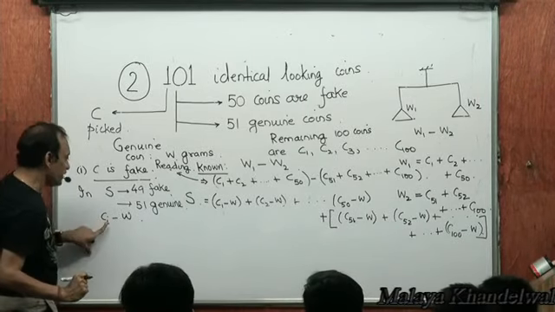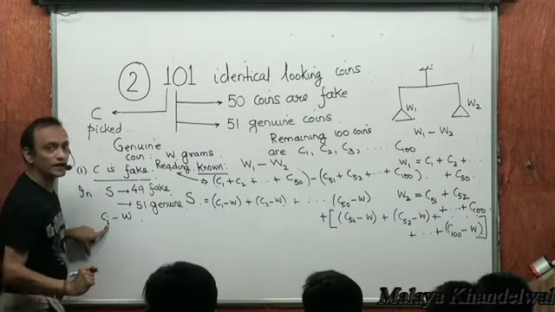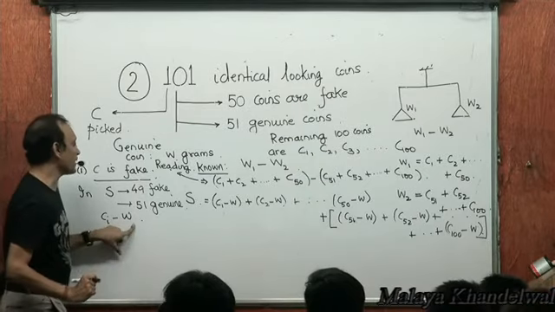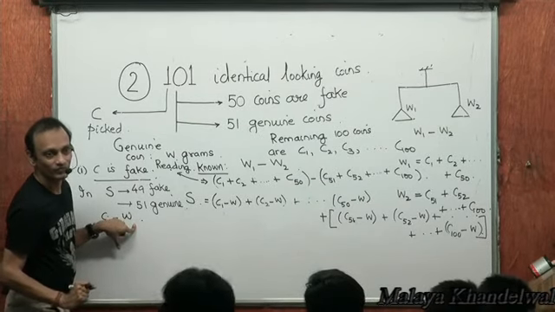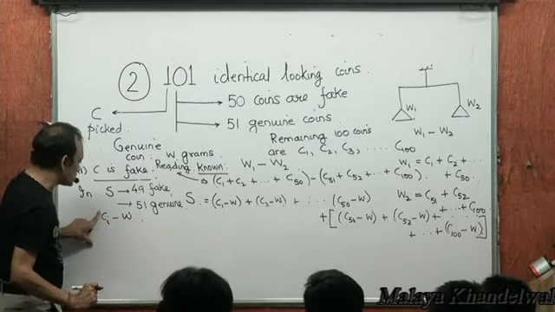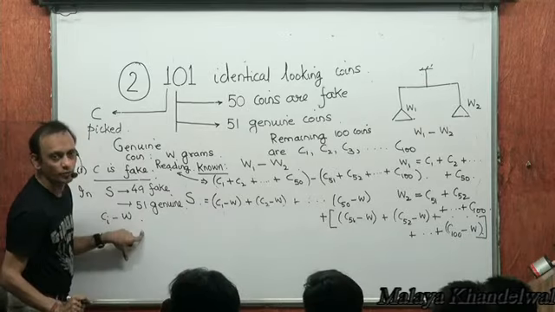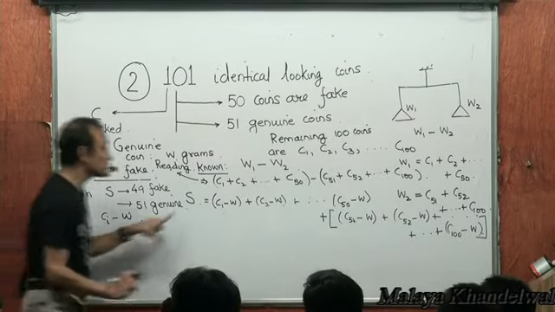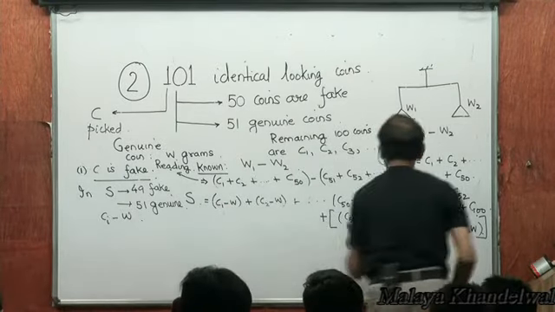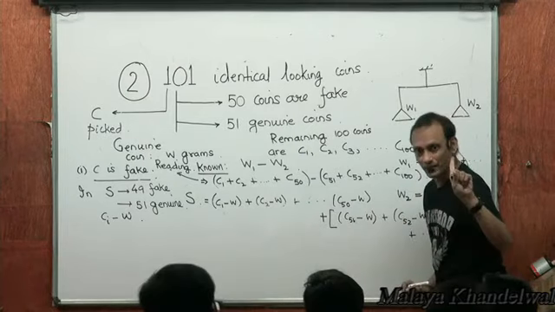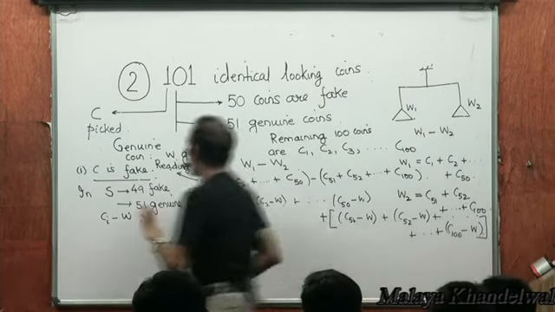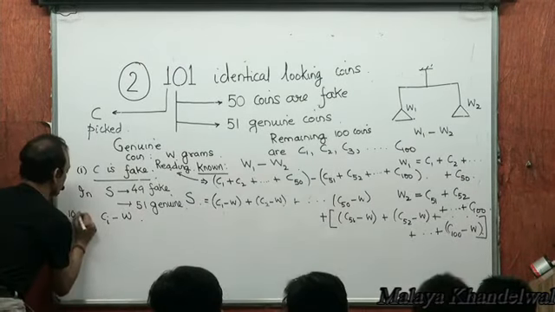Now, every time i is about a number which is genuine, then Ci minus W would be 0. If a Ci represents a genuine coin, then Ci minus W would be 0. That means 51 of these numbers would be 0. That means there are 100 Ci minus Ws here, isn't it?